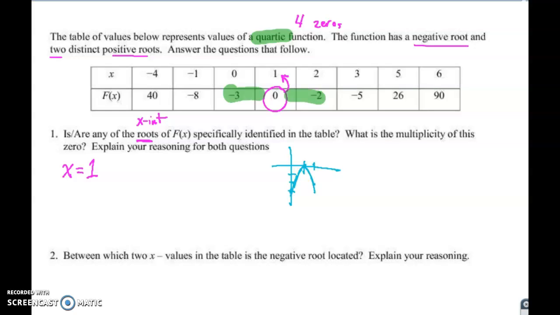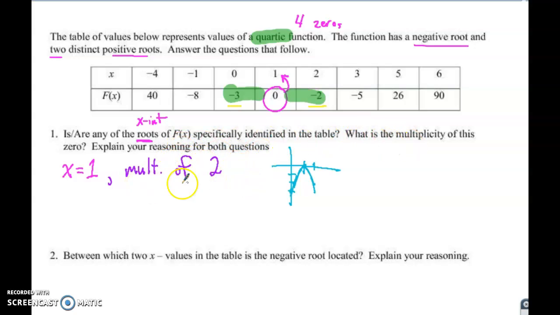And there, you are right if you were thinking about that, but we're going to infer if you see a negative directly to the left and directly to the right that it just touches. Same thing with a positive. We are going to infer that. And there's more reasons to that as well. So when it just bounces or just touches the x-axis, that's our clue that that has a multiplicity of 2.